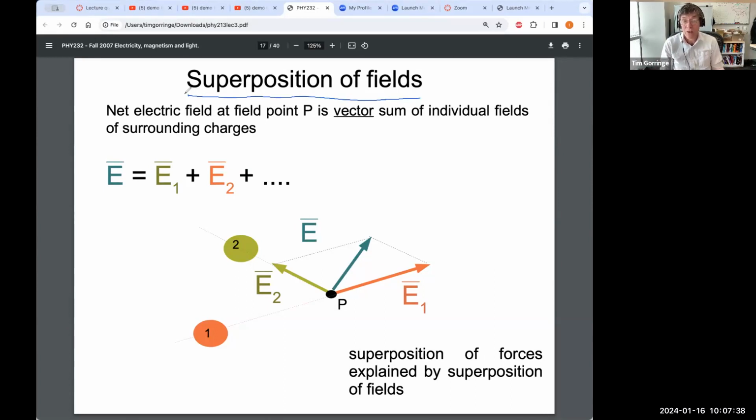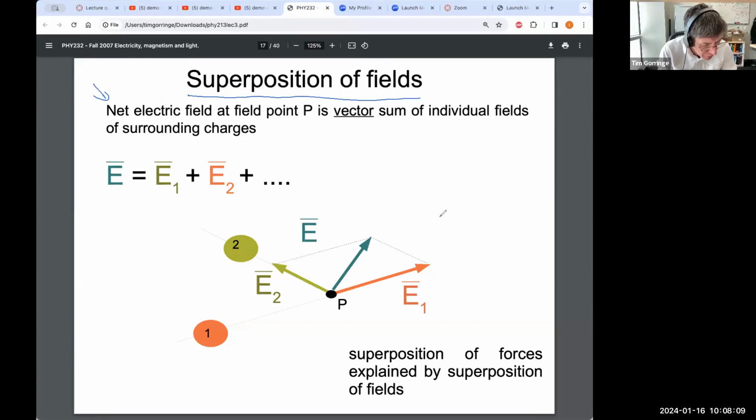All I've done from last class for this slide is change the word force to fields, because really the same idea of superposition applies to electrical forces and to electrical fields. So let me stress that the net electrical field of some arrangement of charges is the superposition, the vector sum, of the individual electrical fields of those charges.